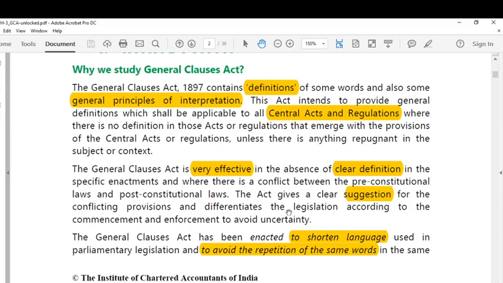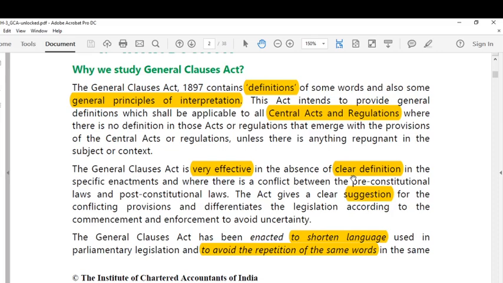And the General Clauses Act is very effective in the absence of clear definition in the specific enactments, and where there is a conflict between the pre-constitutional and post-constitutional laws.